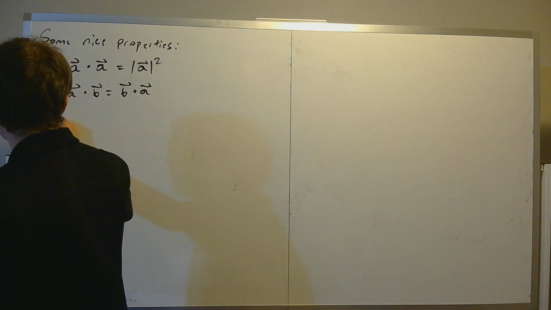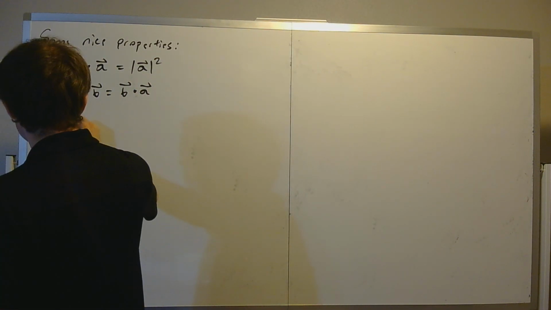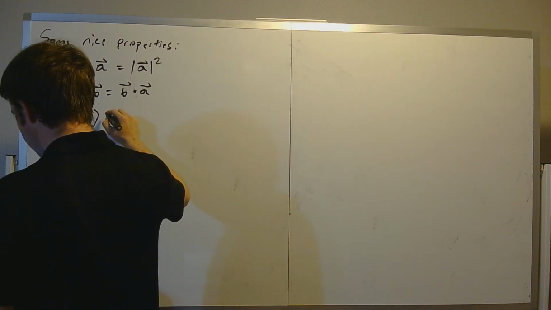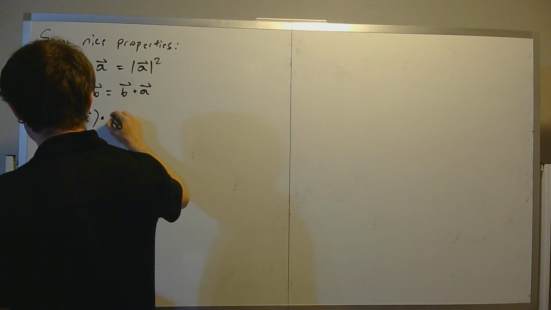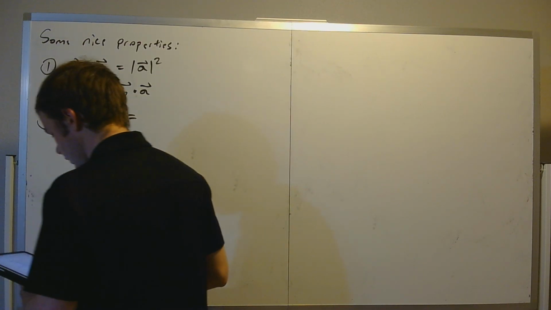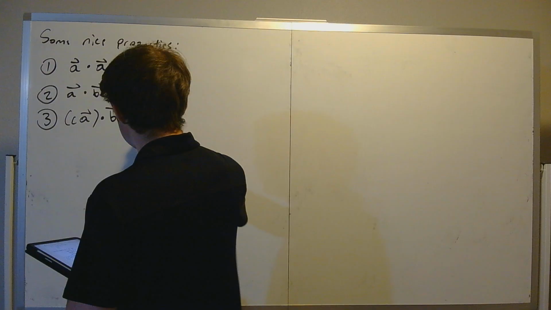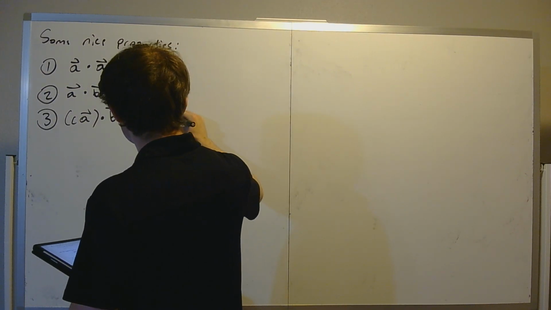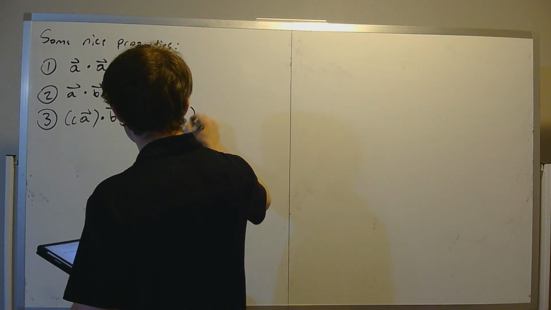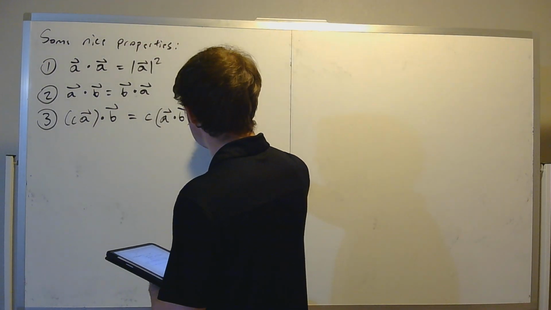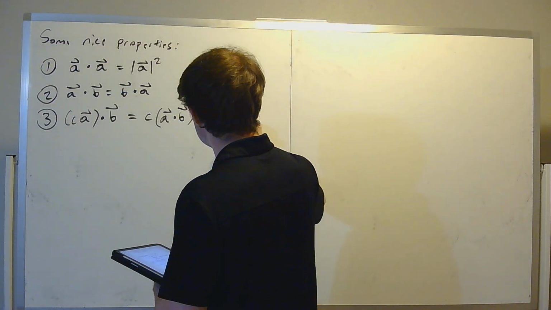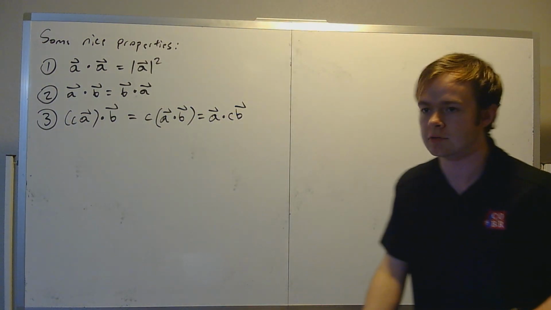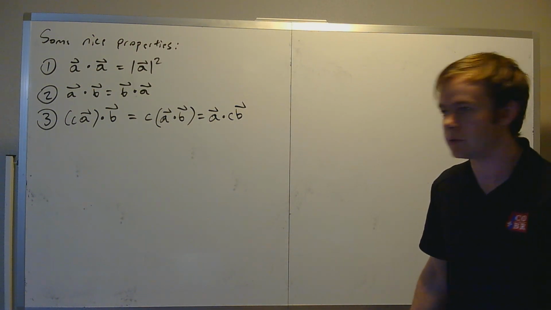The third property says that if you have some constant C times A, dotted with B, that's the same thing as C times the dot product of A with B, and that's the same thing as A dotted with C times B. So you can move that constant around, and it doesn't matter where you put it.